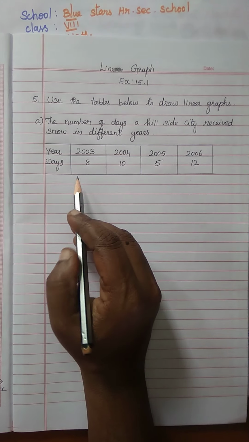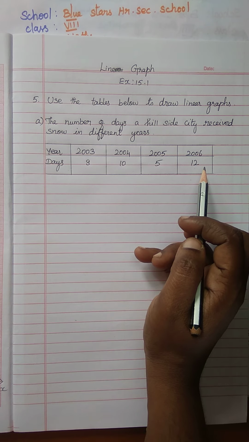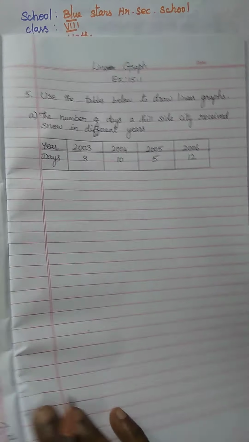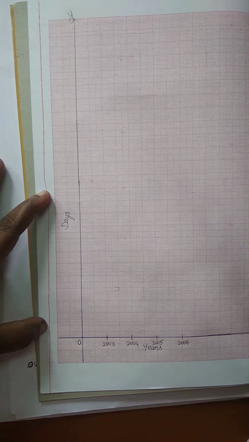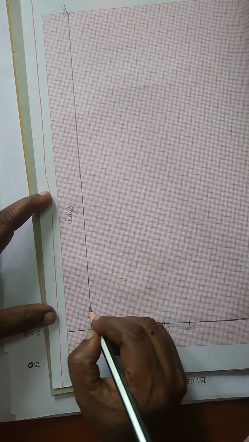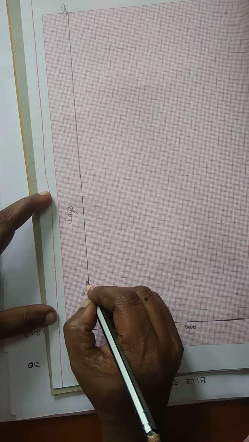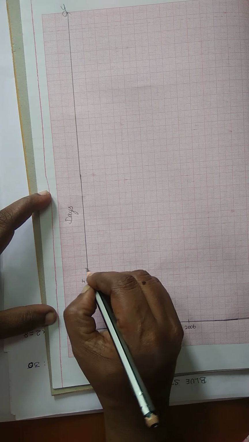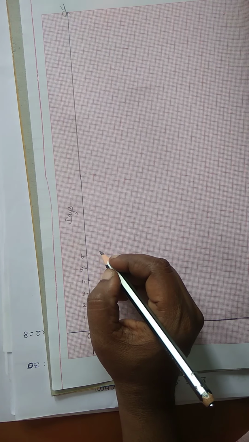Now the days are given as 8, 10, 5 and 12. So we will mark these on the y-axis. Days are marked on the y-axis. Now we mark the days from 1: 1, 2, 3, 4, 5, 6, 7.